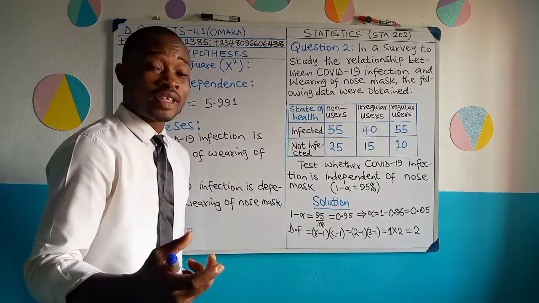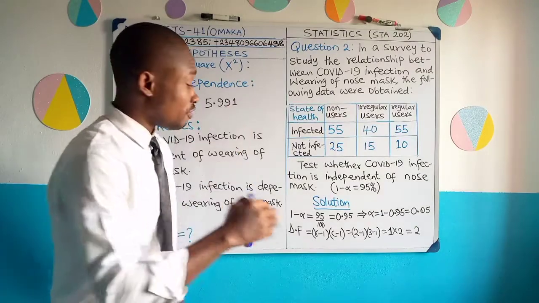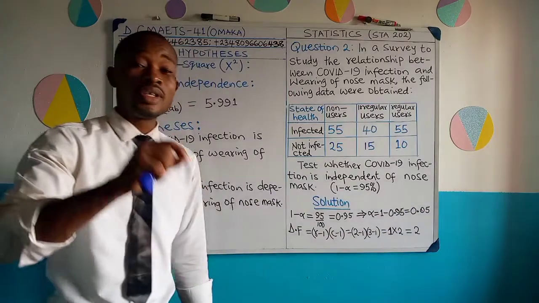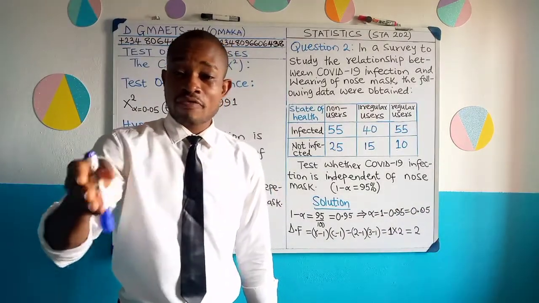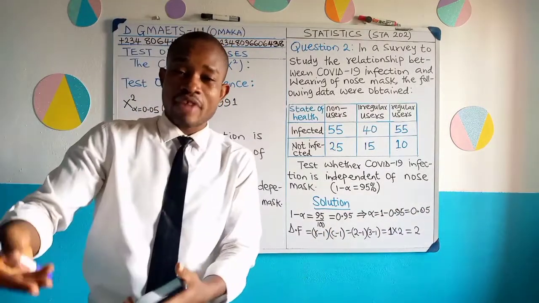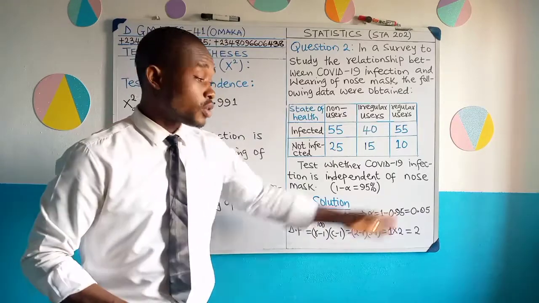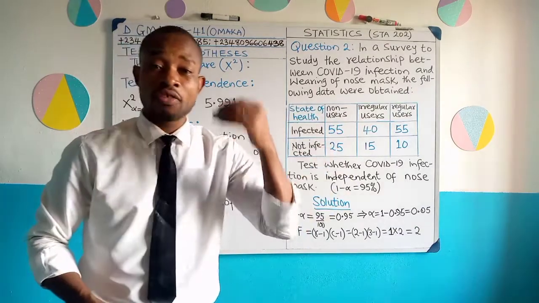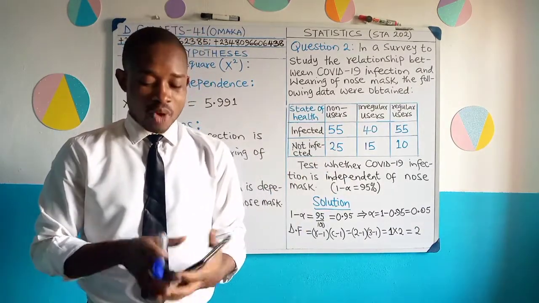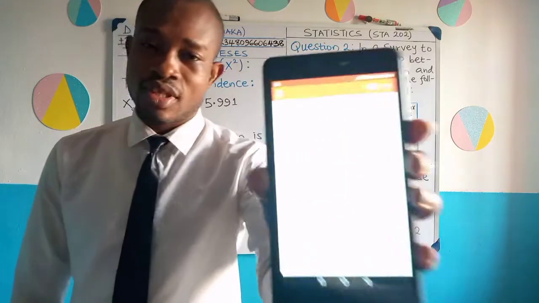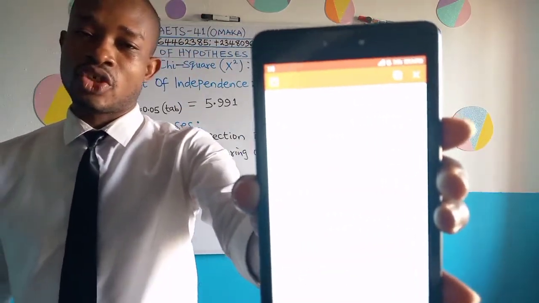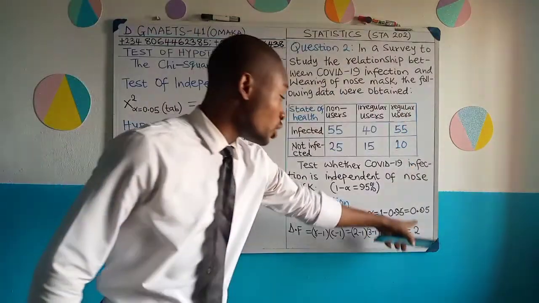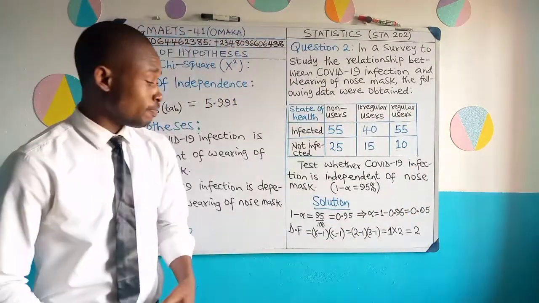So I will now get my alpha by making alpha subject of the formula. If you do that, it will be 1 minus 0.95, and that will give us 0.05. That 0.05 in decimal can still be converted to percentage, which is equal to 5%, because 0.05 times 100 will give you 5%. My table actually is in percentage significance level. So that 5% is the same as the 0.05 which we got for our significance level here.